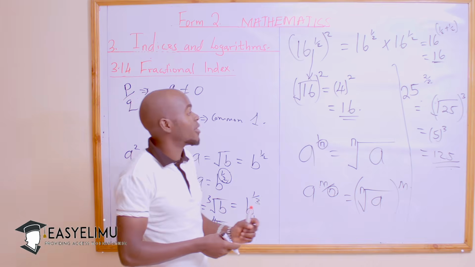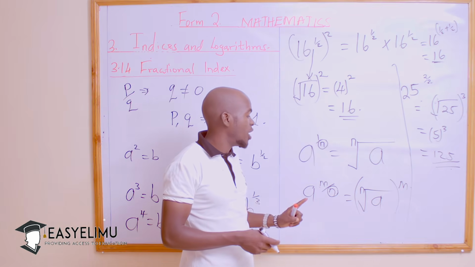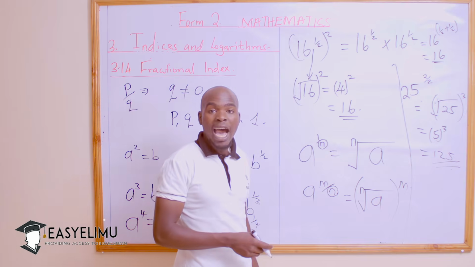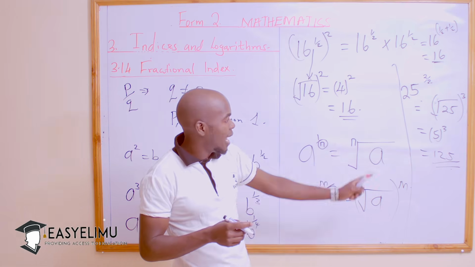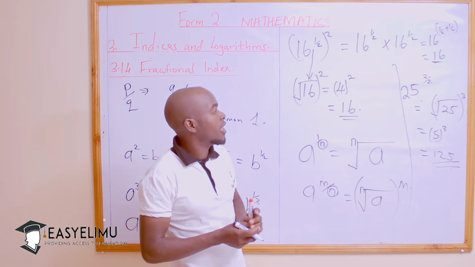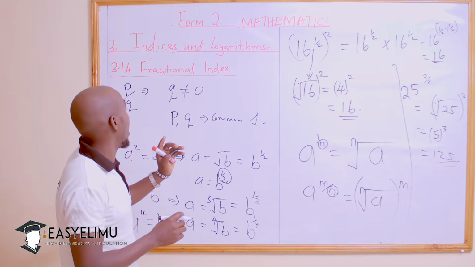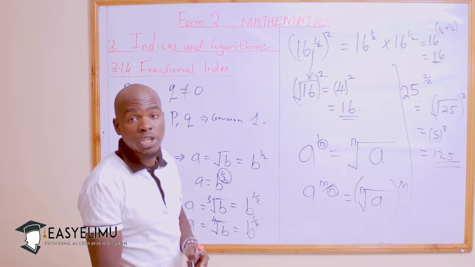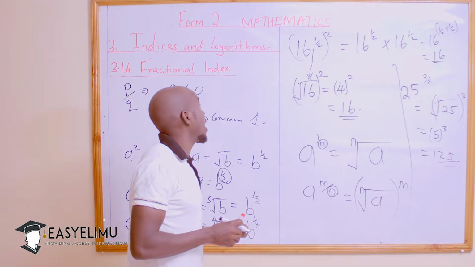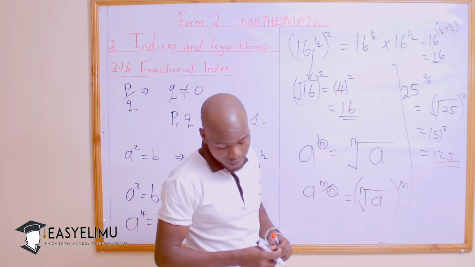And that is simply what it means by having a raised to m over n as a fractional index being written in this form, and on real calculation you will find it lies under the same calculation as we have done. With that, I believe that you will be able to work any form of sum or computation or problem you may encounter dealing with indices as we have worked out.